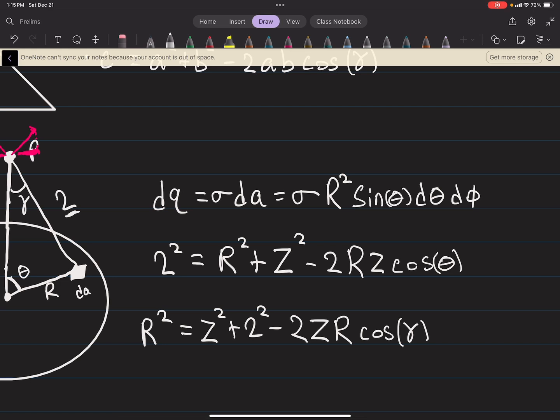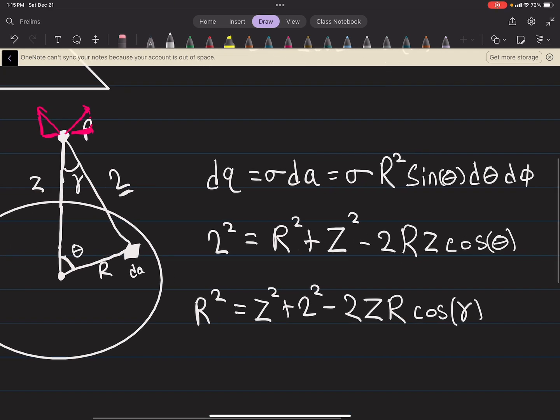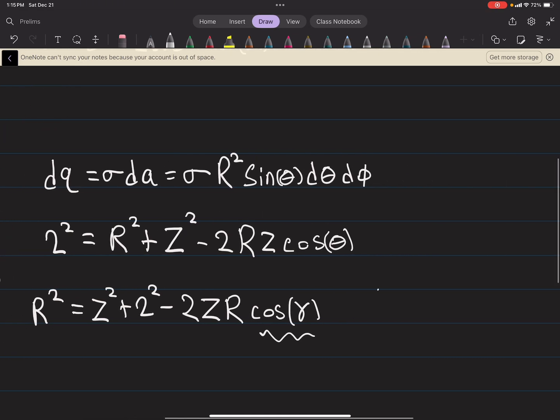Okay? And what we want to find is this cosine term, because this cosine term will just be the part that we're looking for.